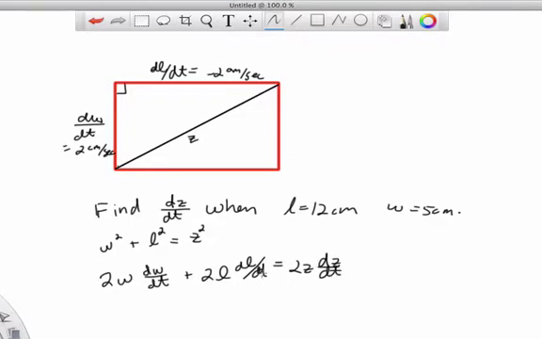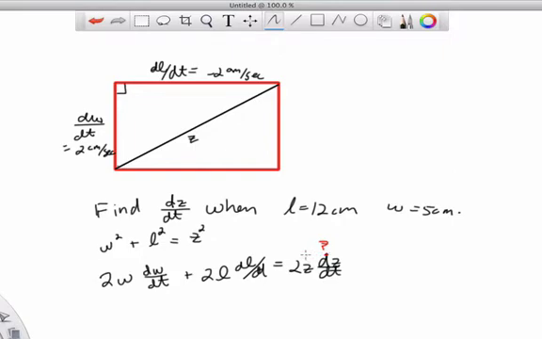Now what you're going to hear me say quite a bit is, are any of these constant, meaning do they not change over time? So in this one, they all do change, because what we're trying to do is find dz dt, so that we don't know.